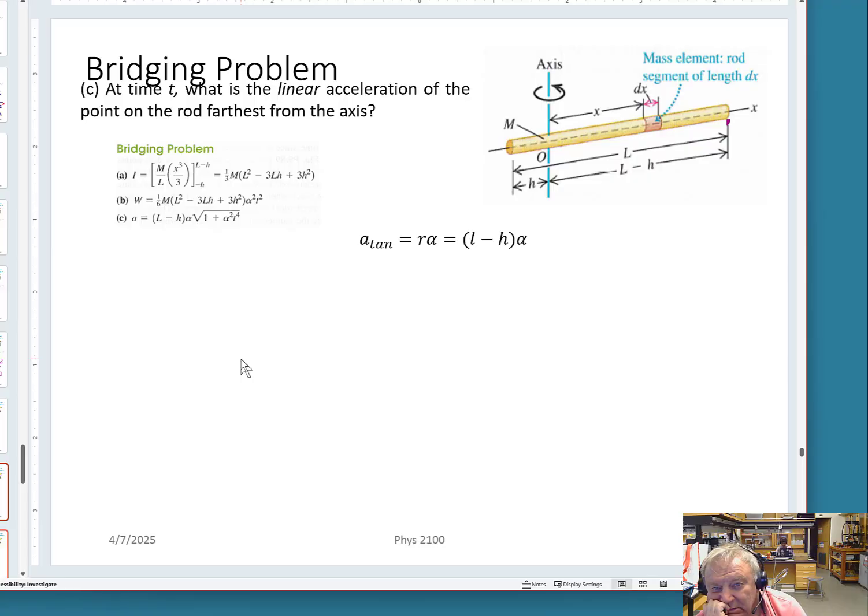So what's the work? L minus h times alpha.